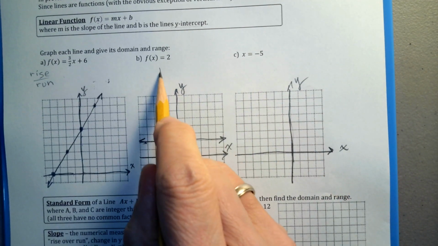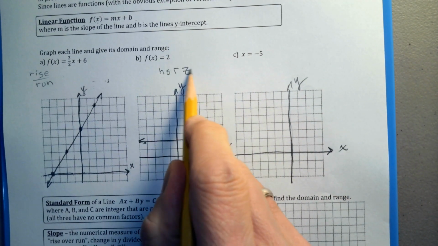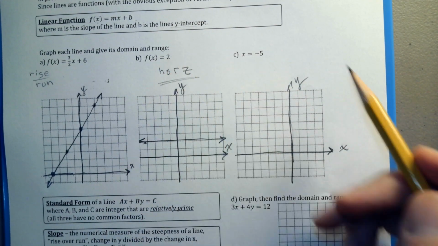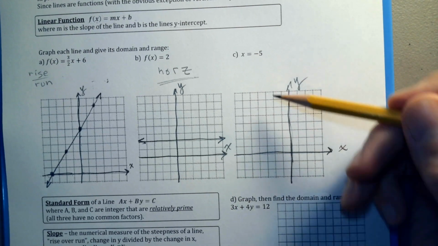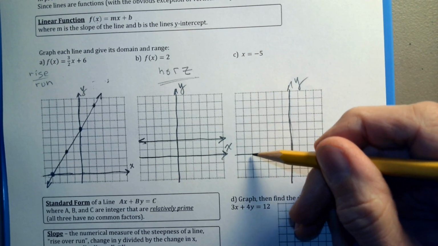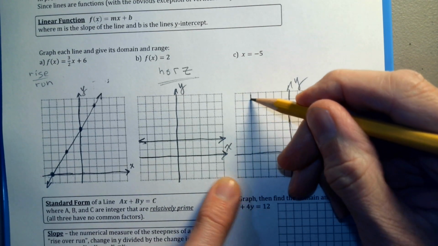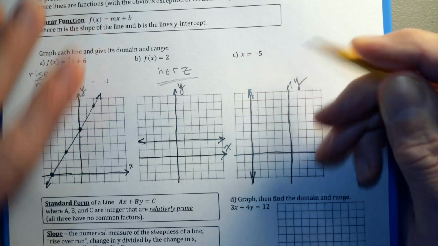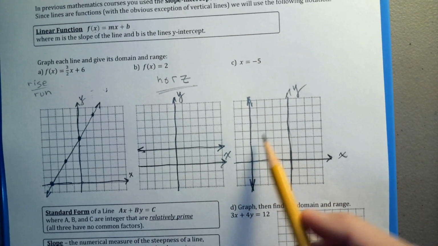For the previous one, all the y values are the same, 2. Here, all the x values are the same at -5: 1, 2, 3, 4, -5. So our line is here. This line is a vertical line. Of course, this one's not a function.